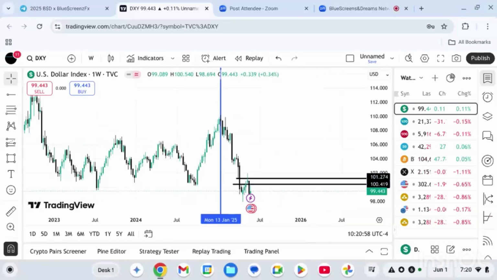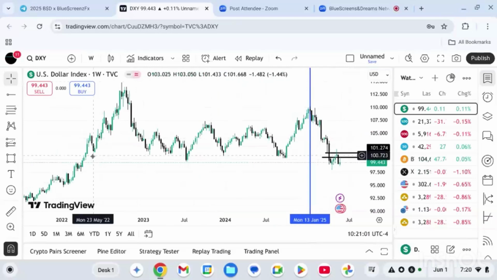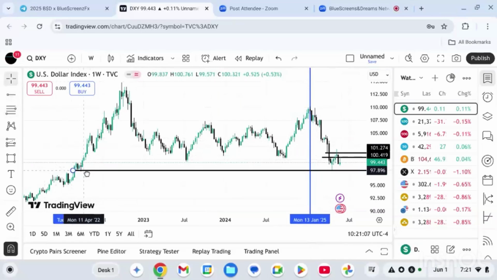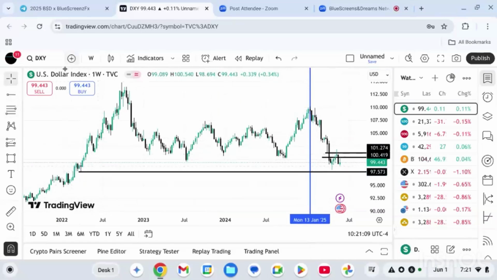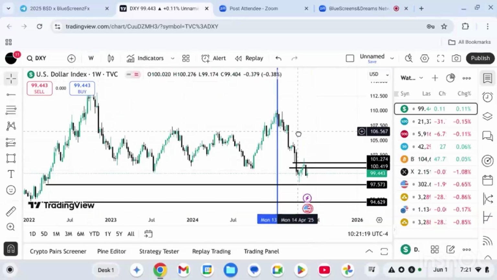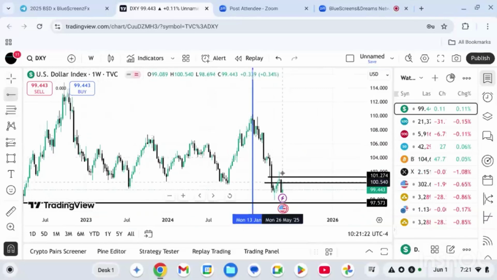Last week we didn't really sell off hard like anticipated, but next week we could possibly see, looking at these lows right here to the left, possibly see that. We could see 97.5, or we could just tank. Let's see 94.6. The only way that I'll be bullish, or my opinion will change on the dollar, is we would have to take out this high right here.